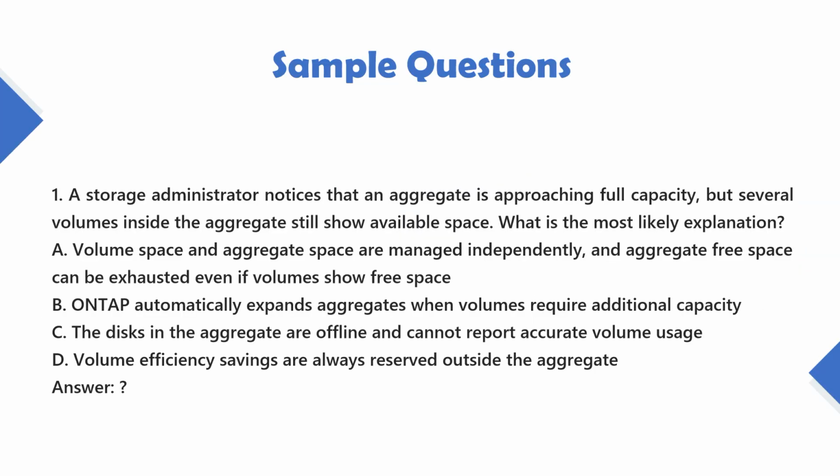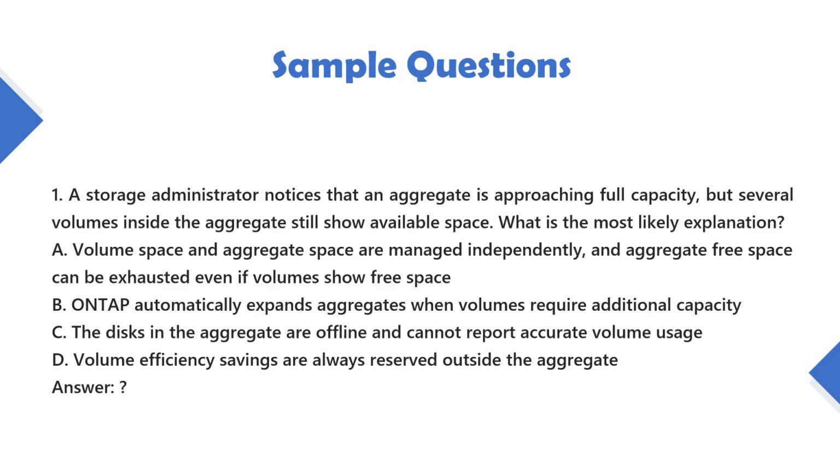1. A storage administrator notices that an aggregate is approaching full capacity, but several volumes inside the aggregate still show available space. What is the most likely explanation? A. Volume space and aggregate space are managed independently, and aggregate free space can be exhausted even if volumes show free space.